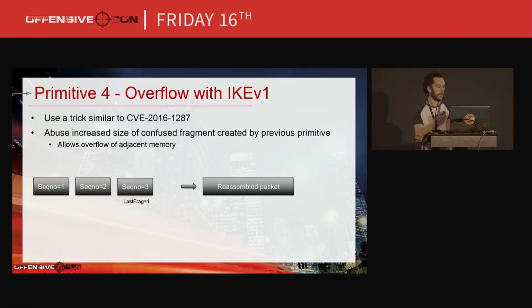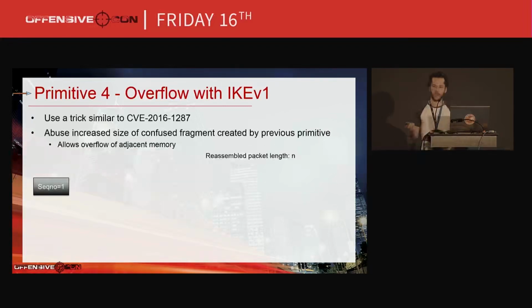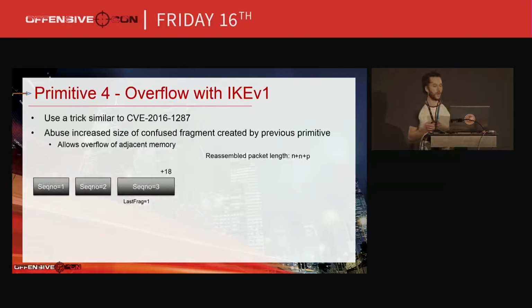Normally, reassembly means sending different fragments and reassembling them into the actual reassembled packet. In our case, we send our fragment the normal way, and it updates the reassemble length in memory. Now that the length is computed, we want to increase the length of one of the fragments.